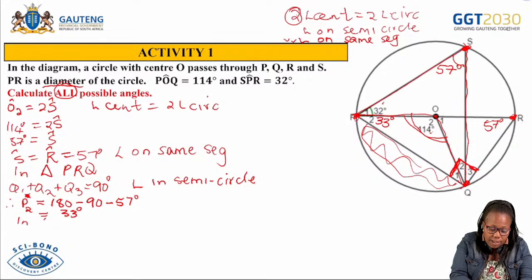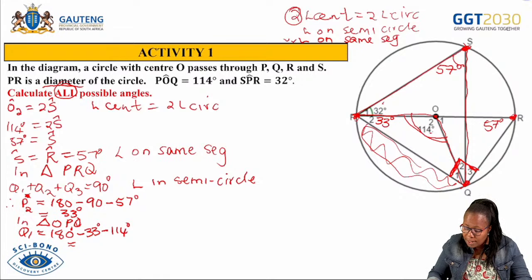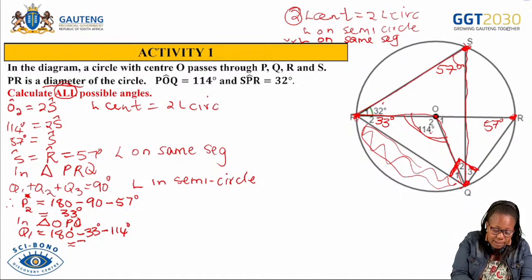So in triangle OPQ, angle Q1 will be equal to 180 minus 33 for P2, minus 114 degrees from the center angle. The Q1 is 180 minus 33 minus 114. This is giving us 33 degrees.